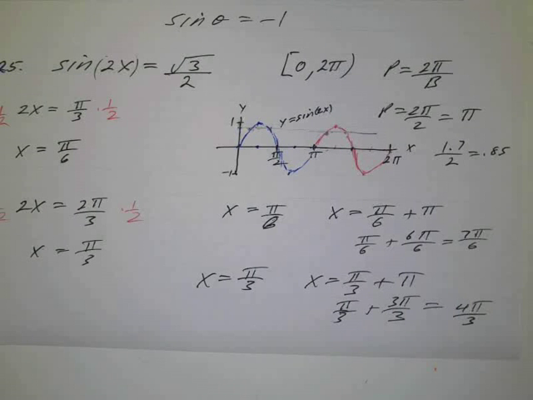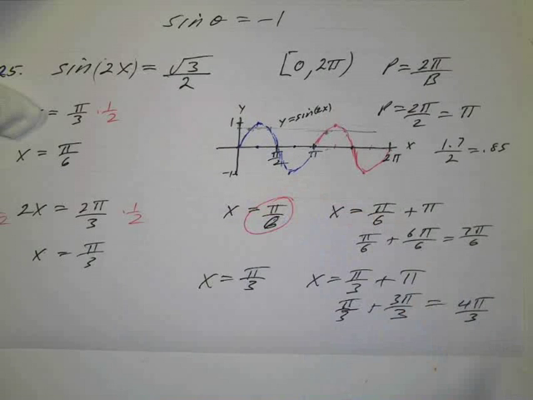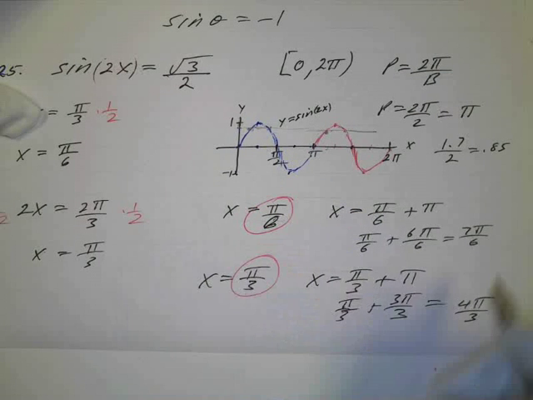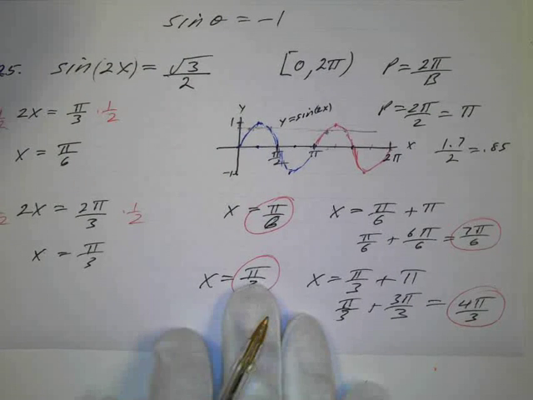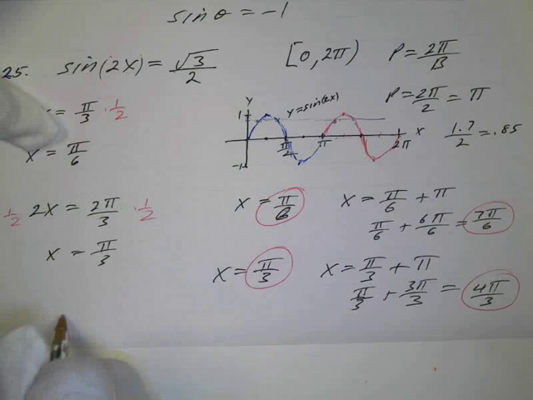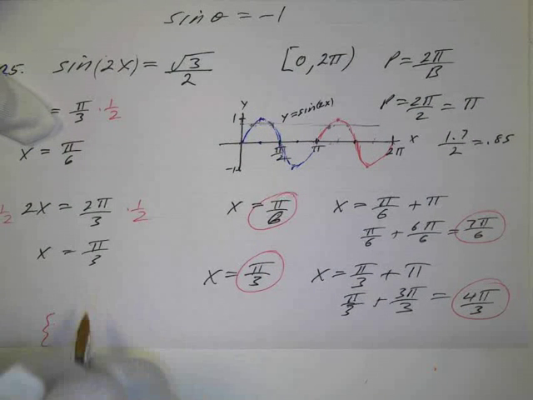Unless we want to put them all in the same denominator, that's fine. So now we basically have four answers: pi over 6, pi over 3, 7 pi over 6, and 4 pi over 3. Those are your four answers. When you see them in a solution set, they usually write them in ascending order.